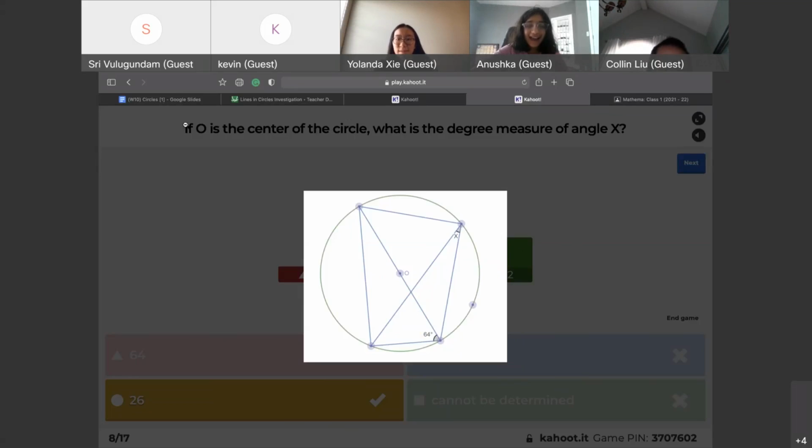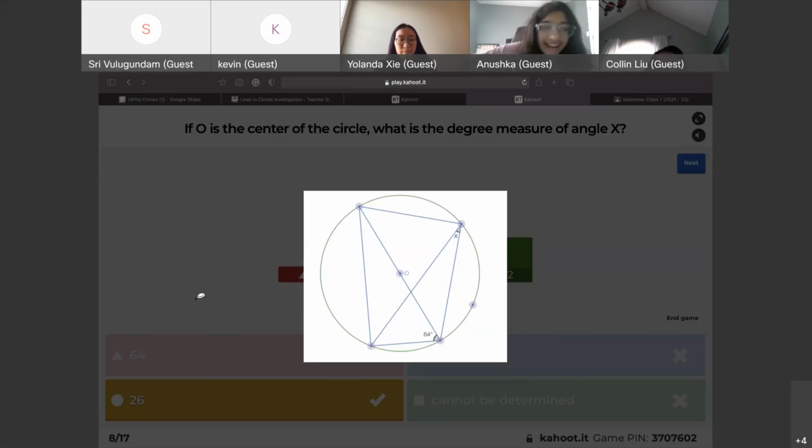All right, so for this one, the information was dumb. Okay, so O is the center of the circle, so this is the diameter, which tells you that this right here is a right angle. And from there, you know that 64 plus 90 plus this angle right here equals 180.